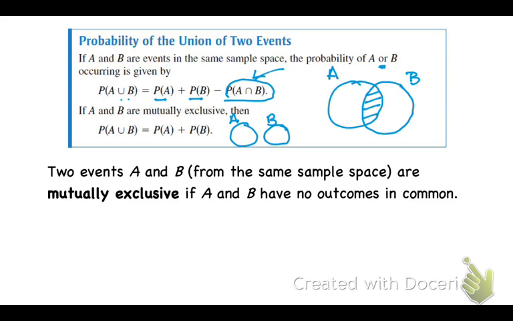There isn't anything overlapping, so there's nothing to subtract, is there? Now, I'm going to tell you, we tend to take care of this a lot on our own. Two events, A and B, from a sample space are mutually exclusive if they have no outcomes in common. So just remember that.